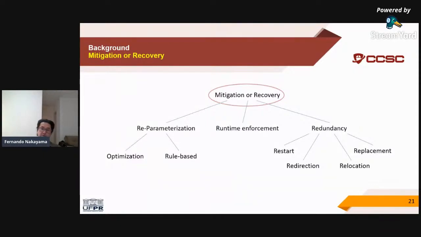The mitigation and recovery methods consider reparameterization that involves the reconfiguration of one or more components to preserve the system functionalities through the optimization and rule-based mechanisms. Runtime enforcement, where an enforcer halts an action whenever it deviates from a safety requirement. And redundancy comprises a set of approaches that include restarting, redirecting, relocating, and replacing a failed component.